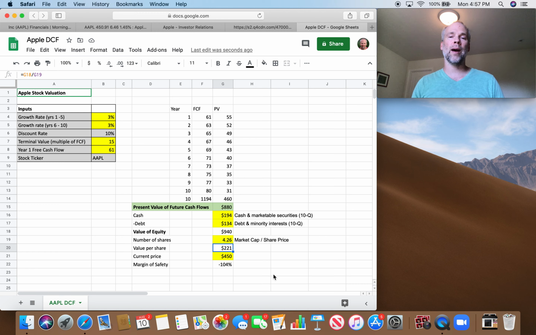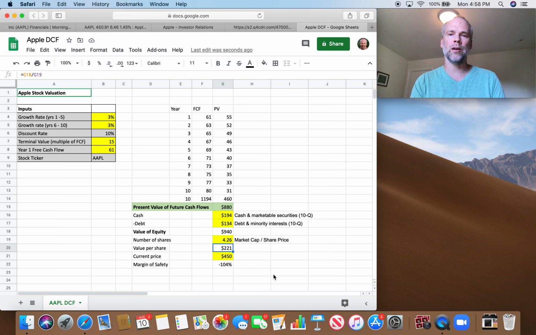Basically, I like to buy companies that are at 2/3 of value. So in order to be interested in this, let's do a quick math here. 221 times 2/3. Apple has to come down to about $150 per share before I'm interested in buying. Of course, we're going to have the stock split later this month.